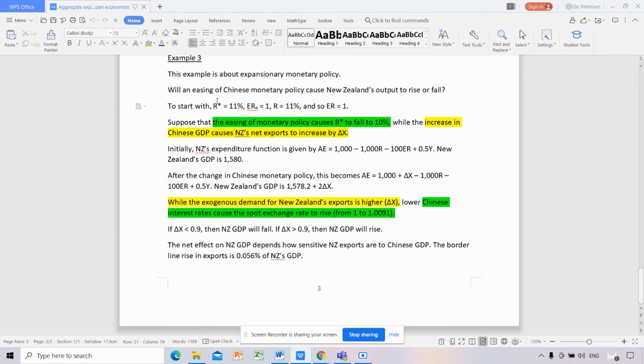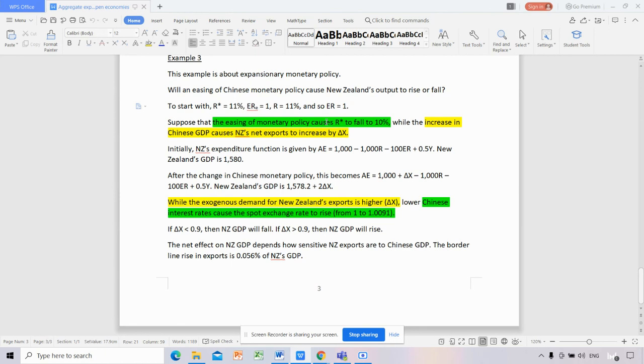And why will there be higher demand for New Zealand exports? Because the lower interest rate in China, a decrease from 11 to 10%, will stimulate Chinese aggregate expenditure. So income will be higher in China. And how is income related to Chinese imports? If income in China is higher, it means imports into China are also higher.